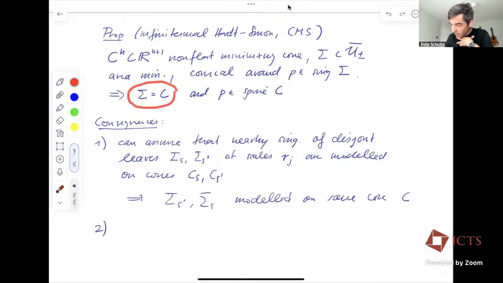Now, if you look that the singular point has to sit in the spine, this means all singular points here and all singular points here have to be modeled on the spine of this cone.